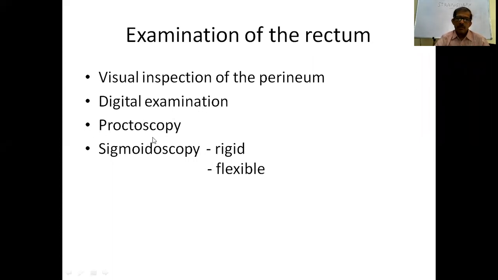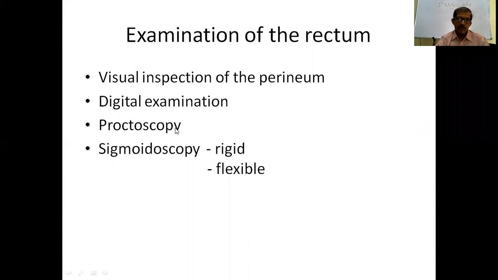Then of course proctoscopy, another important thing. You will visualize with the proctoscope, which may be self-illuminated also. Nowadays we are getting disposable proctoscopes. Usually we have metal proctoscopes, but digital ones are also coming, and self-illuminating ones.